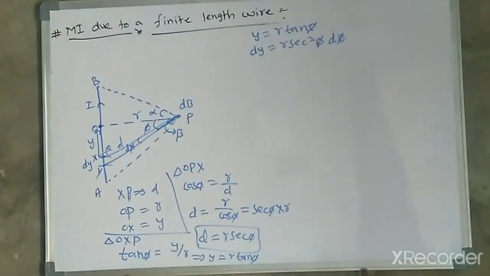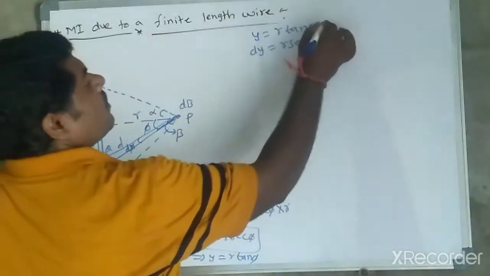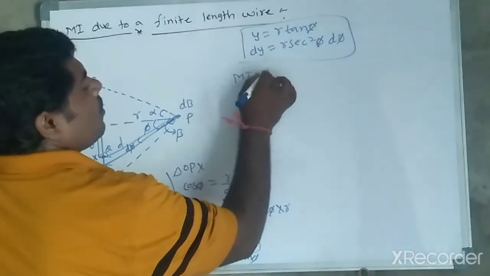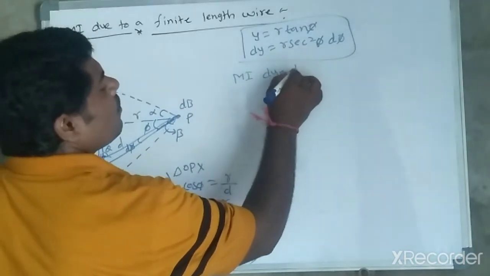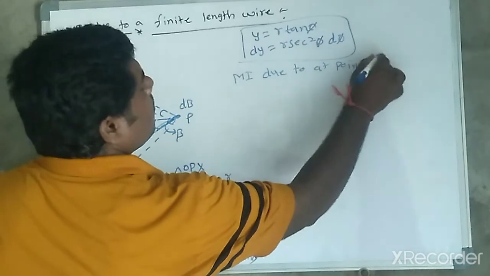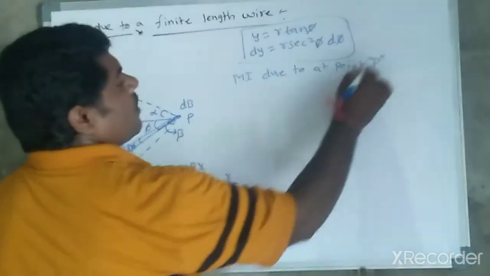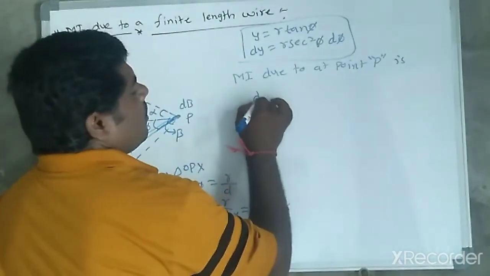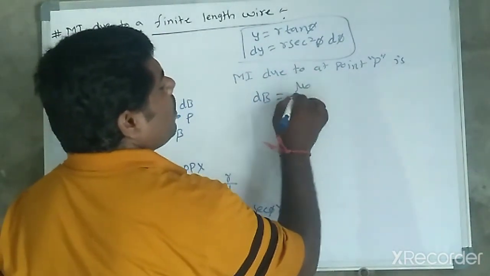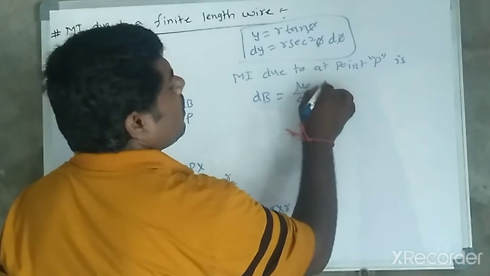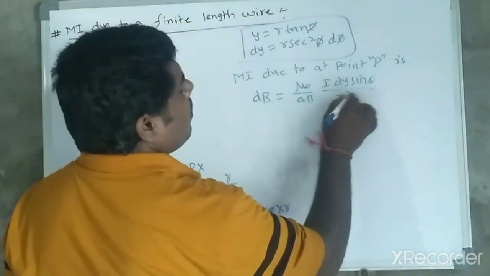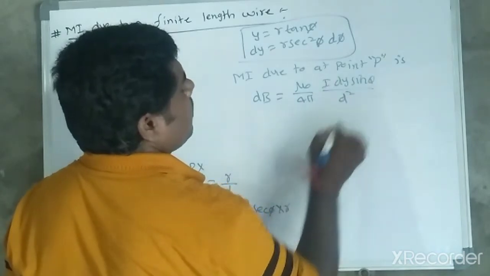Now we are going to find the magnetic induction at point P. According to Biot-Savart law, dB is equal to mu naught by 4 pi I into dy sin theta divided by r, nothing but here the d square.